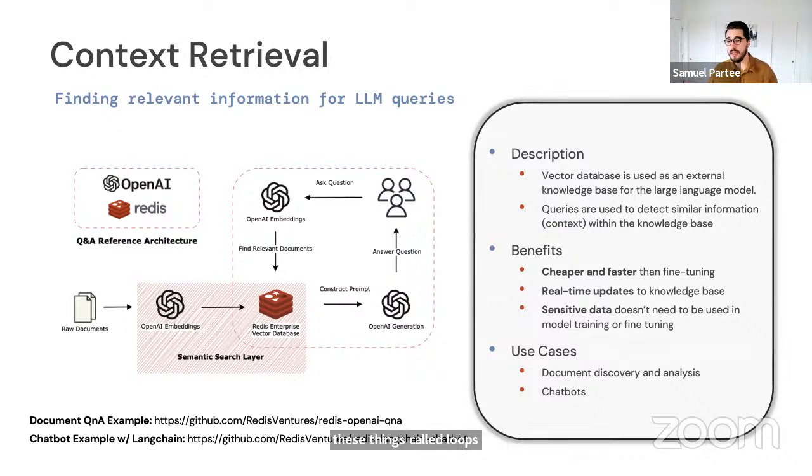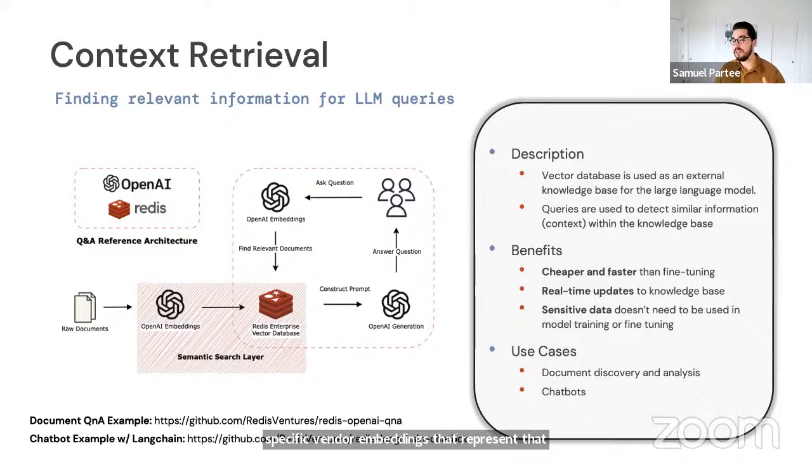So context retrieval. In these things called Q&A loops, it might actually not be a chatbot. It might be something like, say, document retrieval. But it all kind of looks like the same loop. The point here is we have a vector database set up ahead of time where we've taken some number of documents or images or what have you, usually some body of text. And we've broken those up into specific vector embeddings that represent that text.